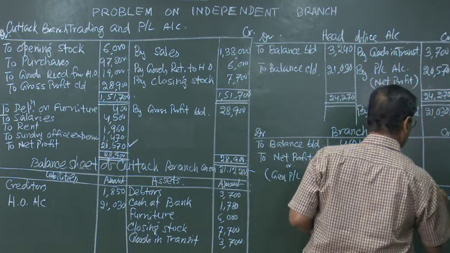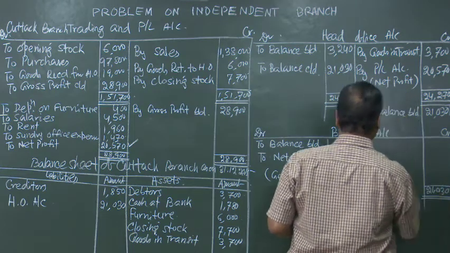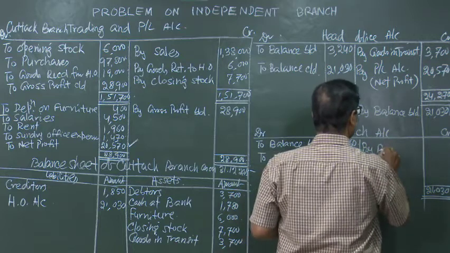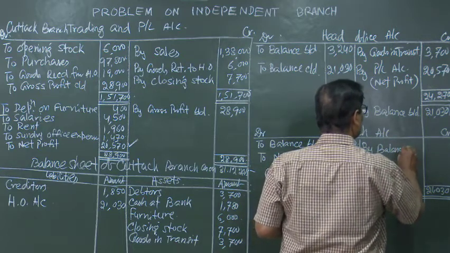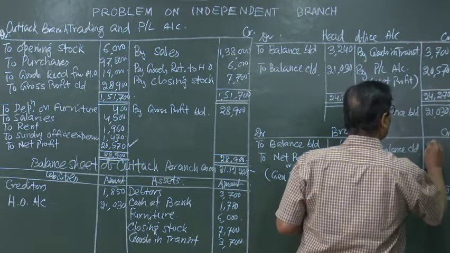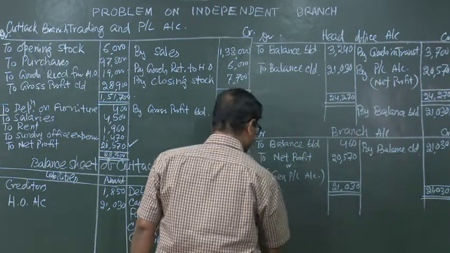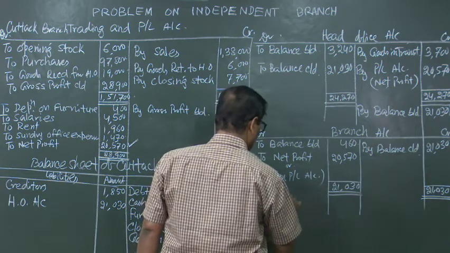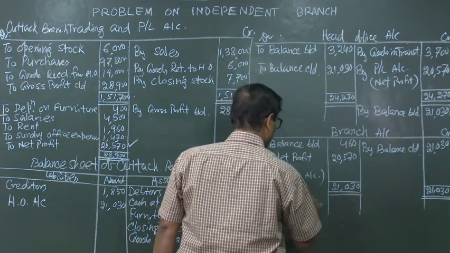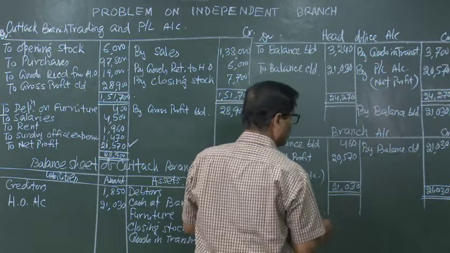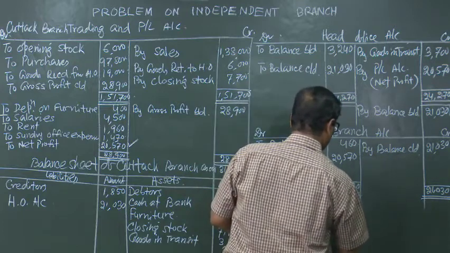So, if we write 21,030 here, it will be by balance carried down 21,030, to balance brought down in the next year opening 21,030.